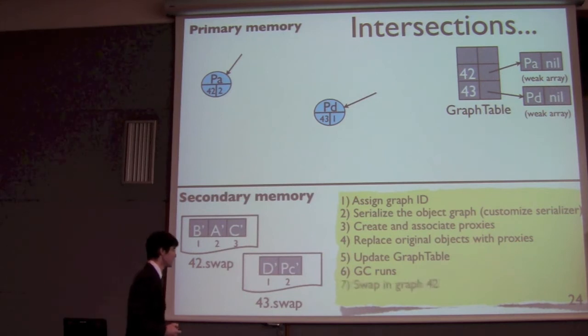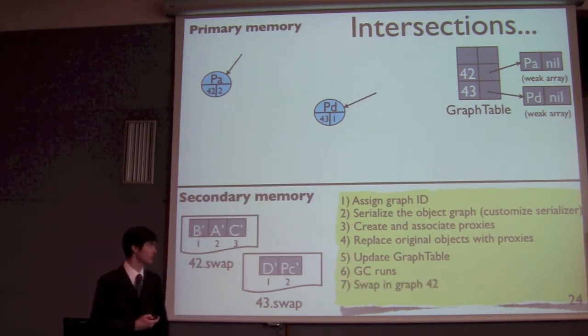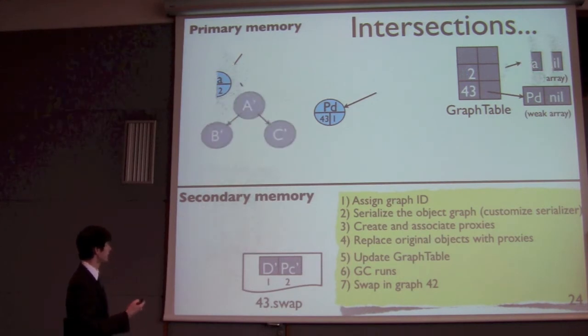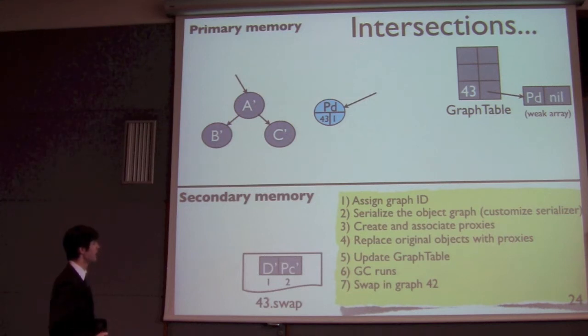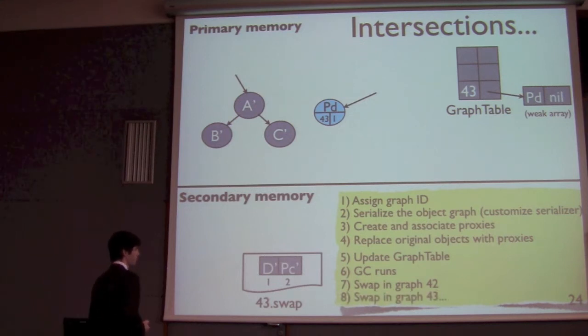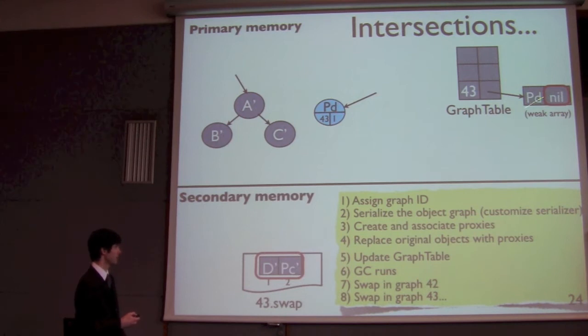Okay, let's continue. So now let's say that graph 42 is needed. So I swap it in. Okay, I swap graph 42, everything is okay so far. Now, when I try to swap graph 43, what happens? First, I have a nil here, because the object was garbage collected. This was used to point to PC, but it was garbage collected, sorry.